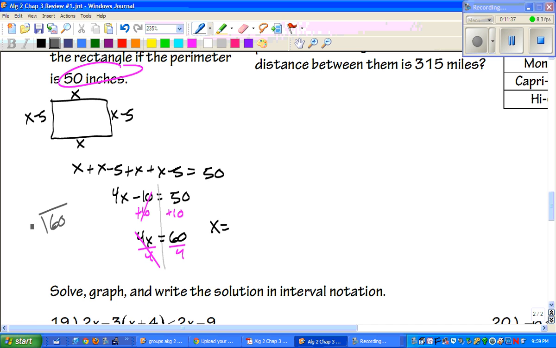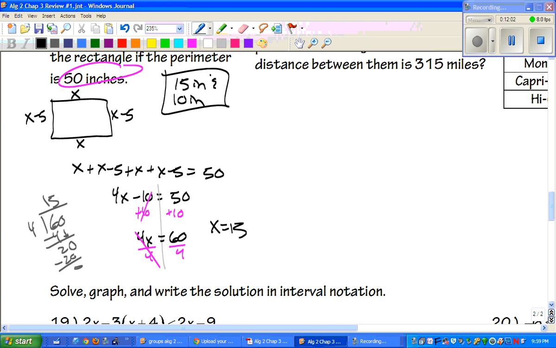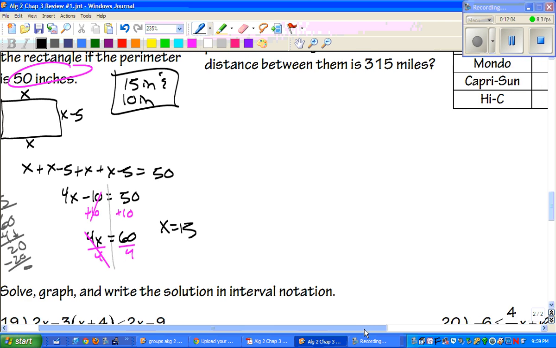Well, let's do the side work real quick. 4 goes into 6 one time, and 4 goes into 20 5 times. So x equals 15. So our one side is 15 inches, and if our other side is 5 inches shorter, it's going to be 10. So those are the two sides.